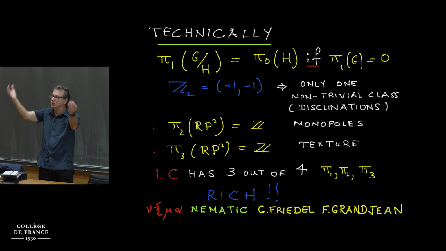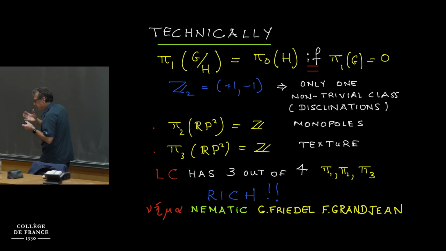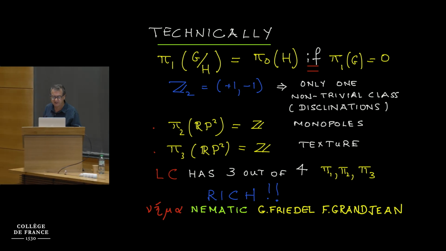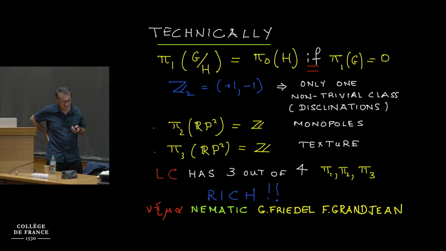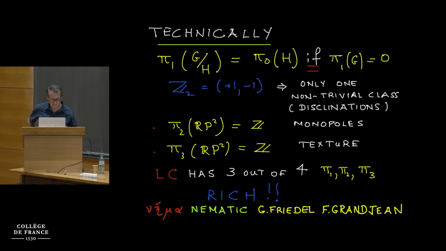You identify the northern hemisphere with the southern hemisphere, and you identify the boundary circle's inverted points, but that still has a two-sphere on it. And so you can wrap a two-sphere on the two-sphere associated with the projected space. So that's also an integer, and those are monopoles, point defects for a liquid crystal.